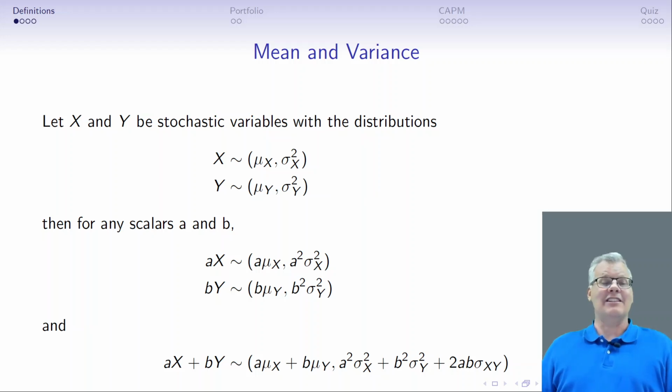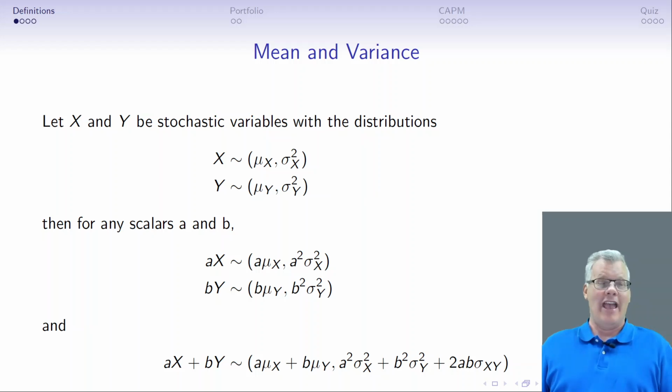So ax has a mean of a times mu x and a variance of a squared times sigma squared x. by has a distribution with mean b times mu y and a variance of b squared times the previous variance, sigma squared y.